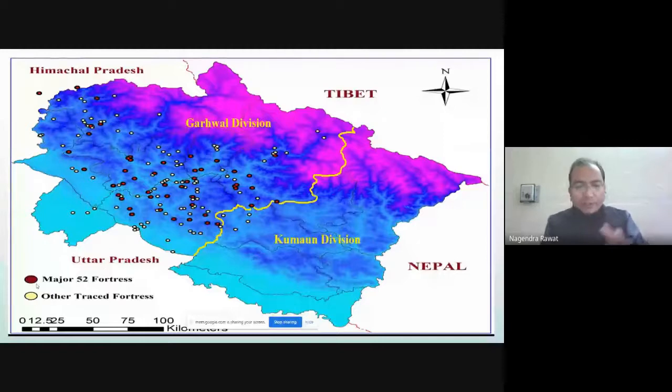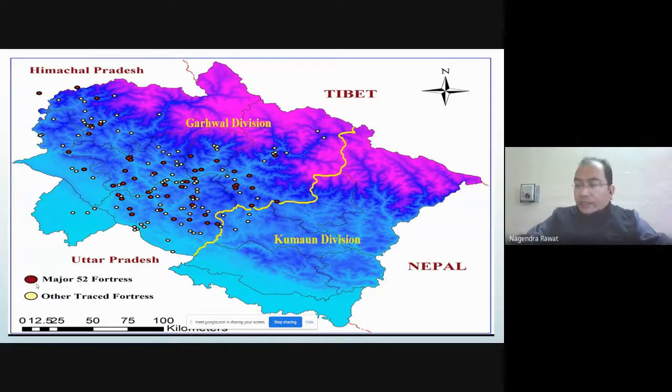After getting the base map, you can plot all the sites on your map, get the distribution, and see how the patterns are. But what after that? If we have got this kind of map, what is it showing? It is showing some distribution of some sites in some area.